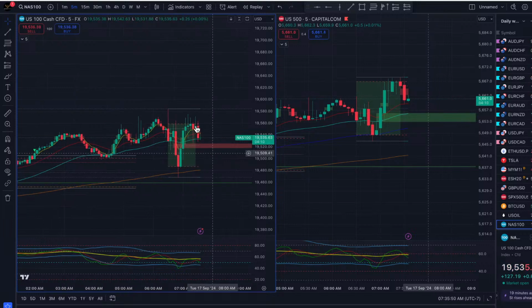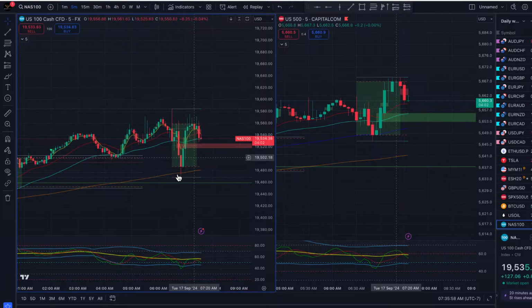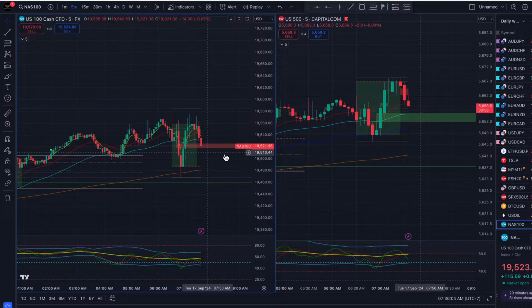Right now there's been no change in delivery. We are still bullish. In order for us to even see some bearish signs, we need to take out these lows. Now we're back at the New York fair value gap. US 500 also getting back to the New York fair value gap.